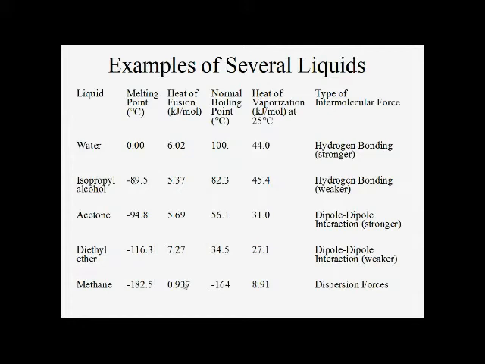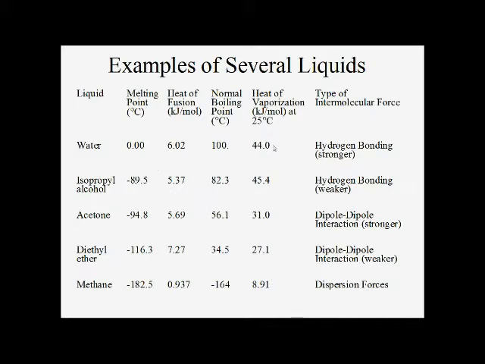Now, it's not quite as perfect with heat of fusion or heat of vaporization. Heat of fusion here is not linear. We have a spike with the diethyl ether having the higher heat of fusion. But the general trend is that the weaker intermolecular force will have a smaller heat of fusion, and the stronger intermolecular force will have a higher heat of fusion.